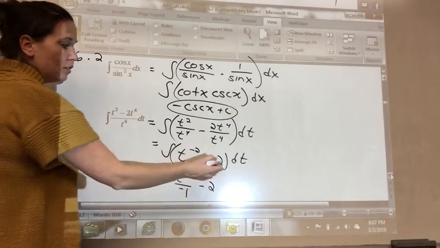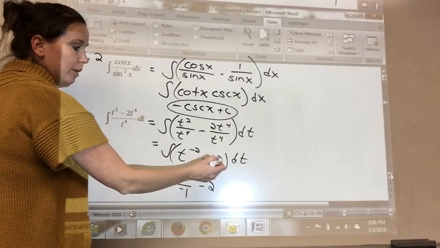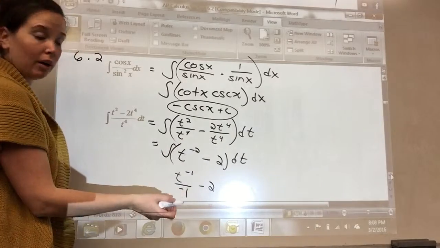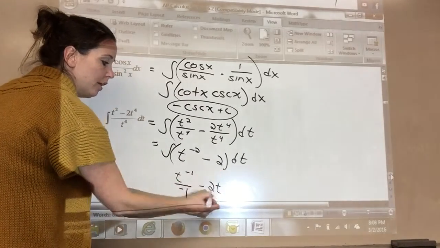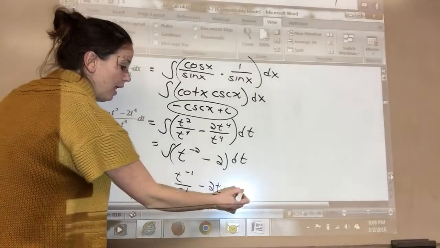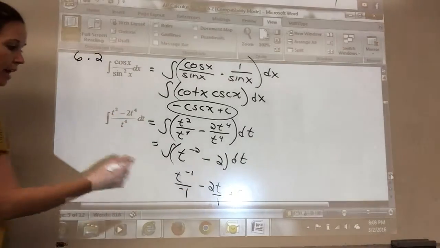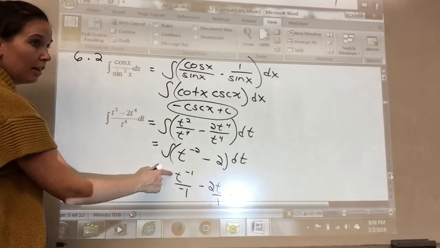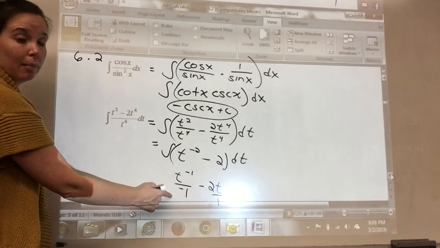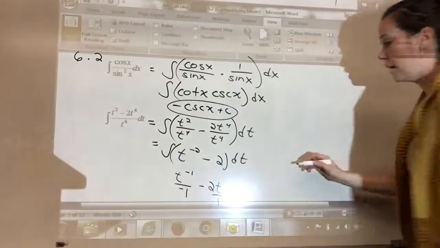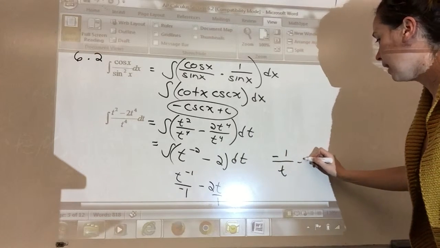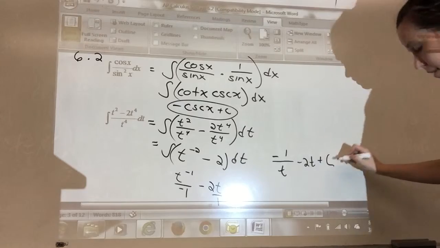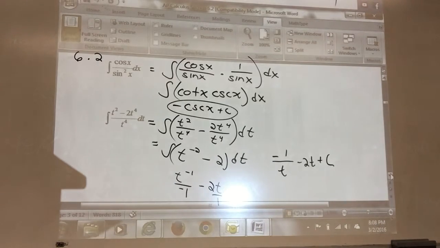Now, if there is no letter there, wouldn't it be t to the 0 power? So that means the integral would be t to the 1 divided by 1, and then you would add c. Okay, final answer that I would like, take this t to the negative 1, drop it to the denominator. I'll squeeze that in over here. So again, I want negative 1 over t minus 2t plus c. Okay, and there's your final answer.